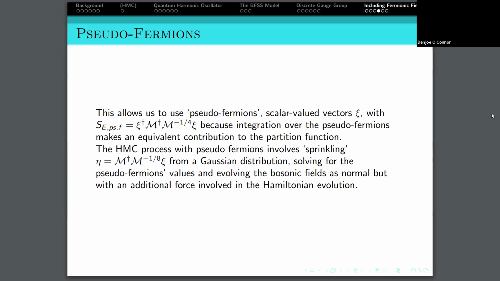So now the Hamiltonian Monte Carlo has an additional step at the start where we sprinkle pseudo-fermions from a Gaussian distribution, and then solve for the actual psi vector. The bosonic side of the Hamiltonian Monte Carlo is unchanged, except that we have some additional forces due to this matrix that the bosonic fields are involved in.